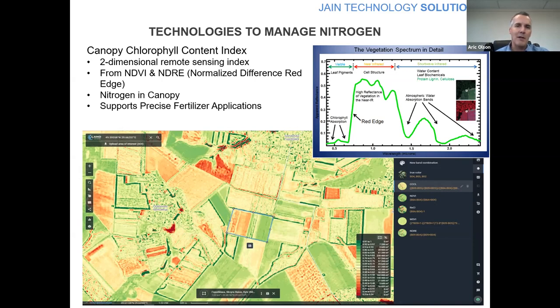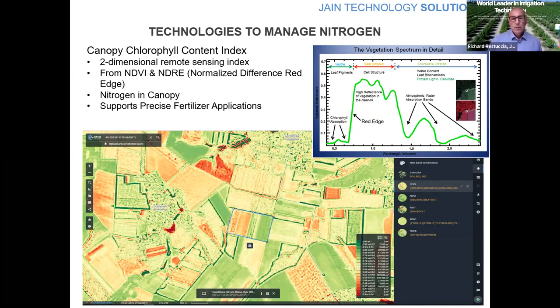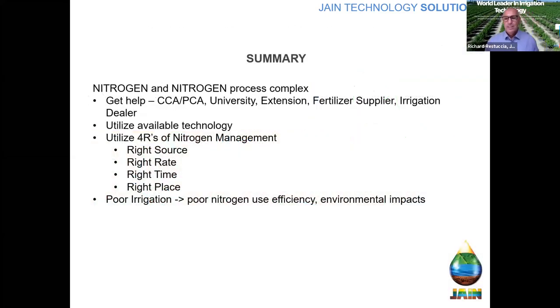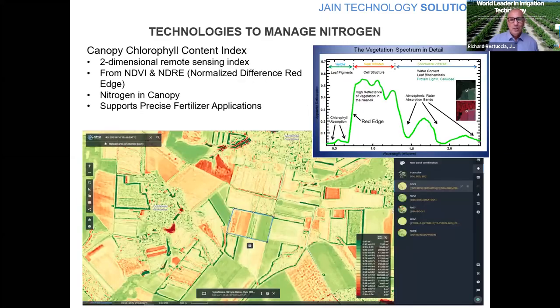So pretty awesome technology from remote sensing. This could be satellite and/or drones, fixed-wing flyovers. There's going to be many applications to get this data and these recommendations. I love that it's so intuitive with the colors, right? I want my field to be green, and you can see it right there. Yeah, and you want it uniform, right, is the key thing.